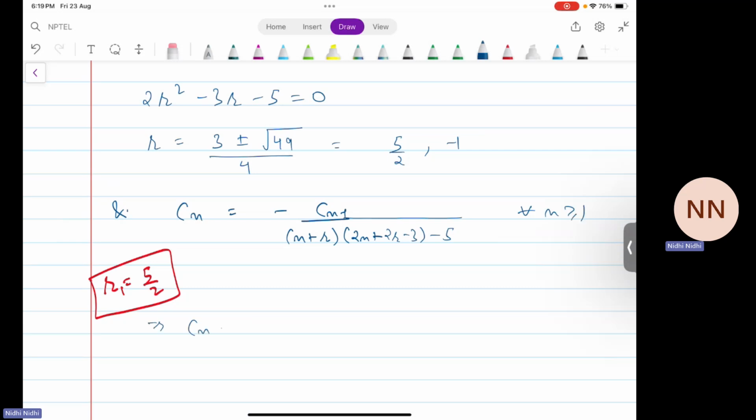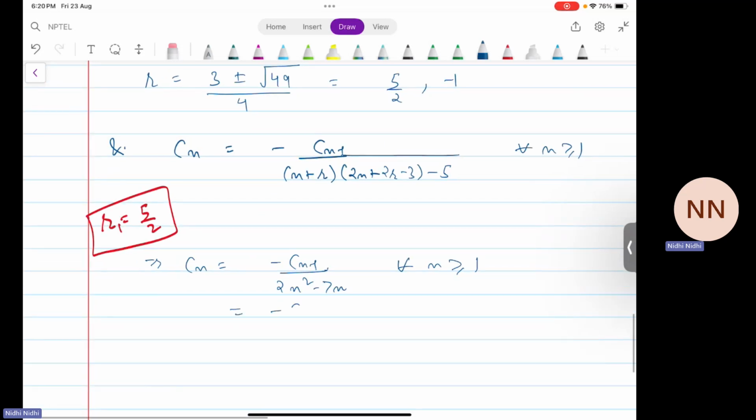So we get Cn equals minus Cn minus 1 by 2n square minus 7n for every n greater than or equal to 1. Or this can be written as minus Cn minus 1 by n(2n minus 7) for every n greater than or equal to 1.